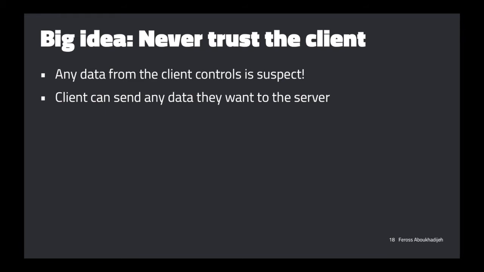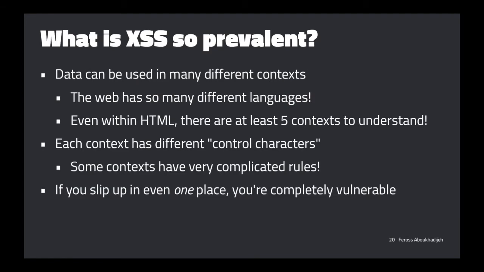So why is it so prevalent? There are a lot of reasons for this. One is that the web has so many different languages and different contexts that you can be in. You have HTML, and inside of it we have JavaScript, in certain tags, and inside of that we have strings that we might be putting user data into. There are all these different rules for each of those levels of what characters need to be escaped to be safe.